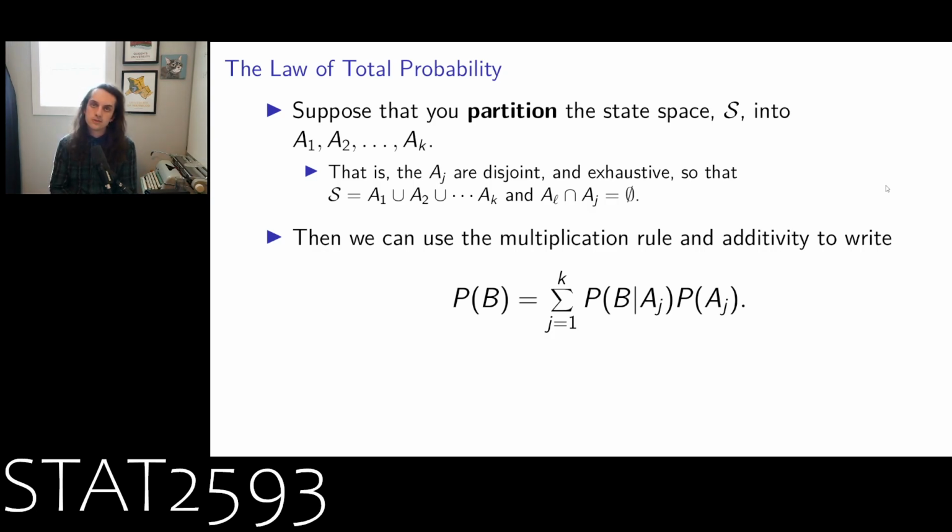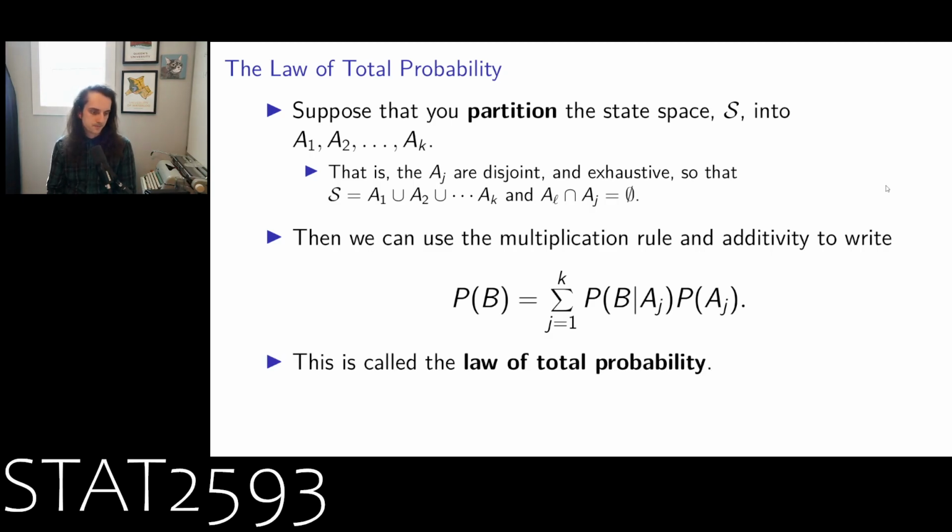It turns out that if we do this across the whole partition, this is one way of computing the probability of B. In full, if we want to know the probability of B, we can partition the whole sample space into sets A_j, and then sum from j equals 1 to k, using the multiplication rule to write the probability of A_j and B. We call this the law of total probability.